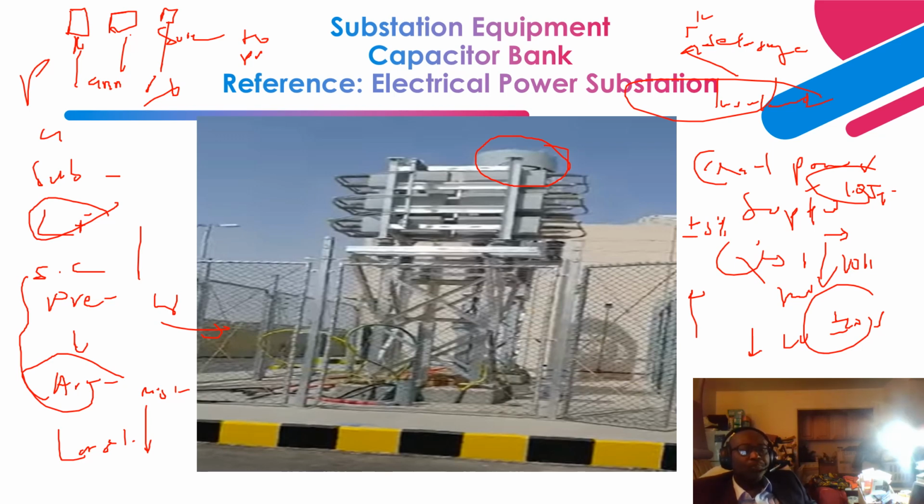If you energize a capacitor bank, what happens? There's a huge inrush current full of high frequency transient component, which can be very disastrous, can cause power quality problems, and can cause problems for other equipment that are in running condition.